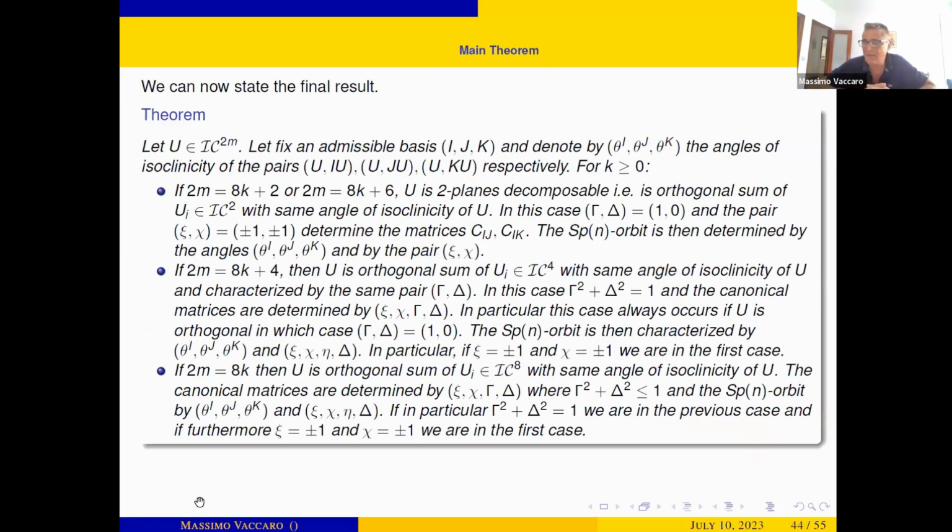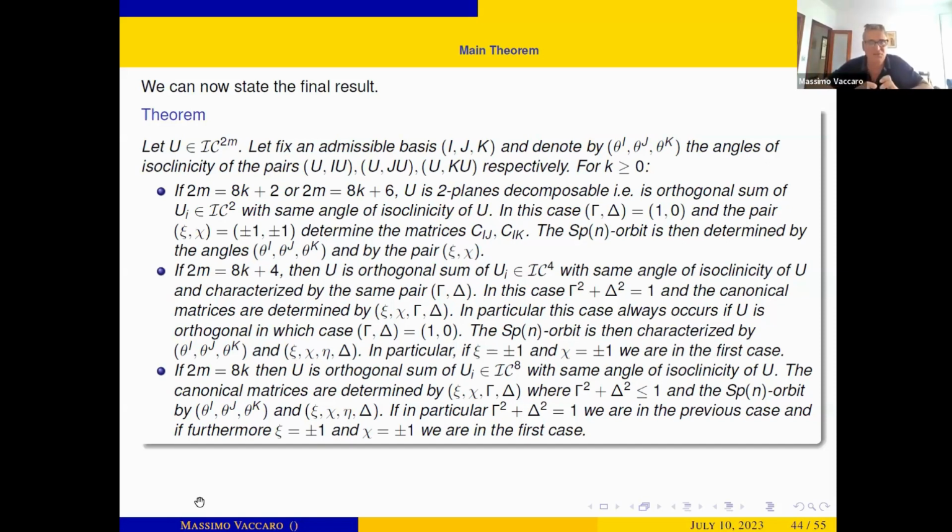So let U be a subspace of dimension 2m, fix an IJK, and denote by theta I, theta J, theta K the angles of isoclinicity. For k greater or equal than 0, if 2m dimension is 8k plus 2 or 8k plus 6, this is 2 modulo 8, or 6 modulo 8, then U is decomposable into two planes.